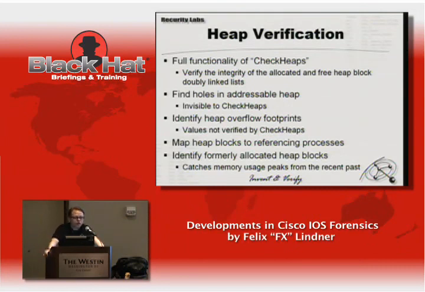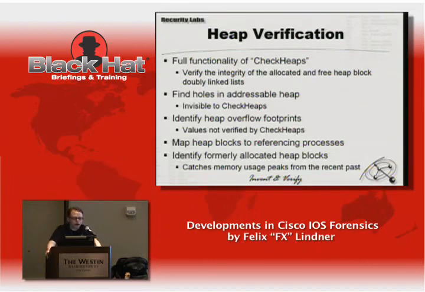And we can also find holes in the addressable heap. Holes in the addressable heap are invisible from check heaps because it walks the chains, and they're not supposed to be there by design. They're only there if evil people overwrote pointer pairs and executed a successful heap overflow attack that resulted in code execution.